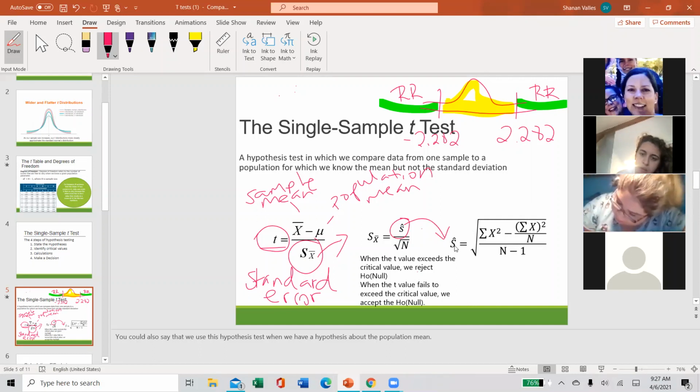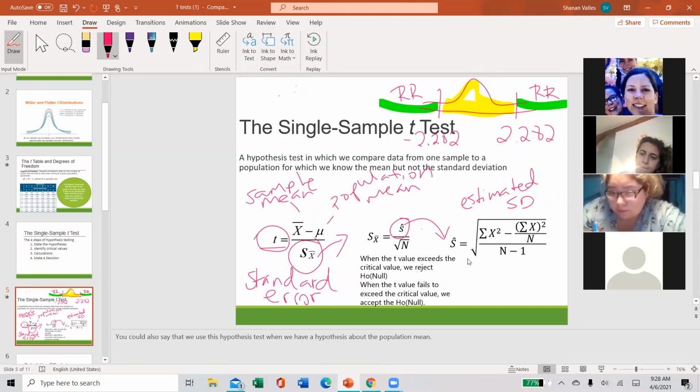So this here is our estimated standard deviation. I'm just going to abbreviate that one.